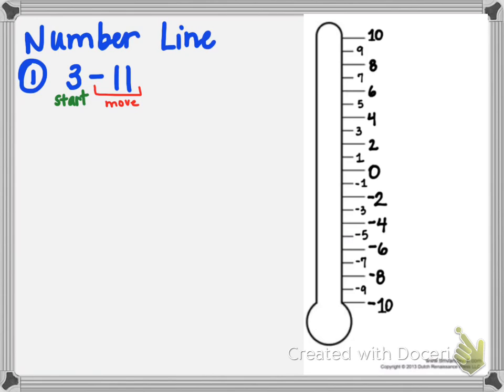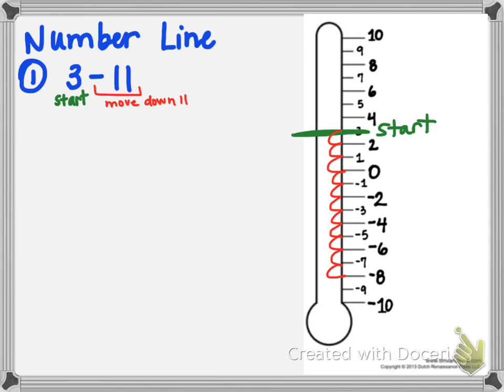So I'm going to start, first of all, the temperature is at 3 degrees, so let me go ahead and put a mark here. That is the start. Then the temperature is going to drop 11. So now I'm going to start here and I will count down 11 times. 1, 2, 3, 4, 5, 6, 7, 8, 9, 10, 11.